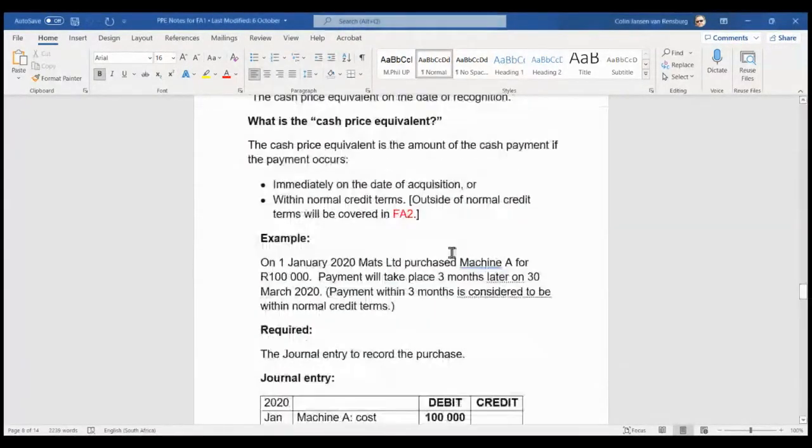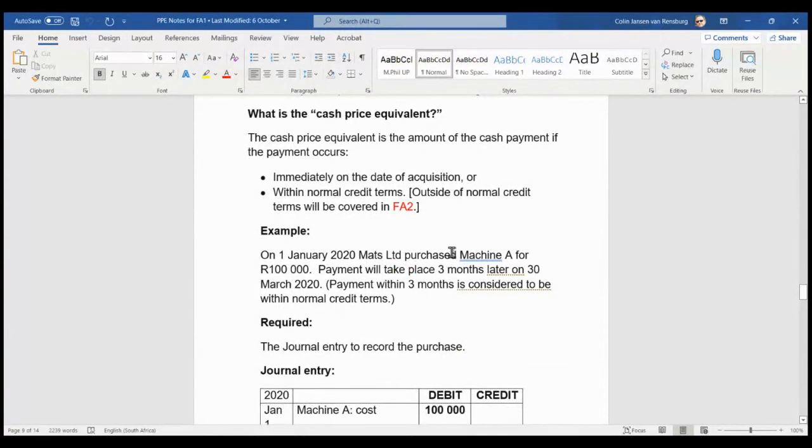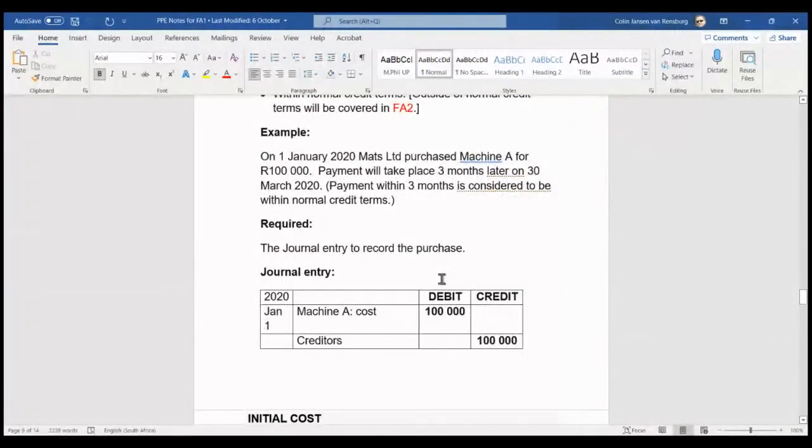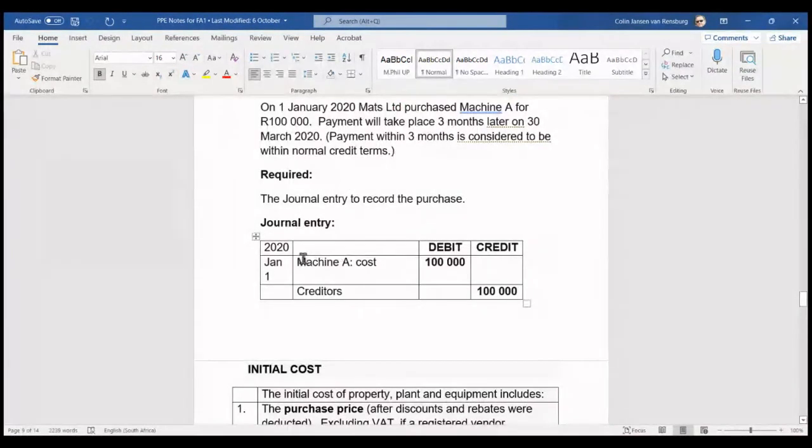So let us look at our journal entry. By the way, if you are going to pay cash for it, obviously you are going to credit your bank account, but in this case, we see that we are only going to pay for that within the next 3 months. So therefore, we are going to credit our creditors or our accounts payable. So here we illustrate that, ladies and gentlemen.